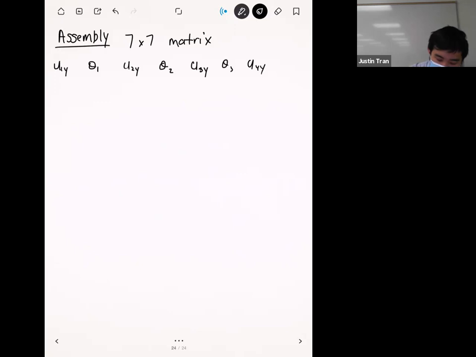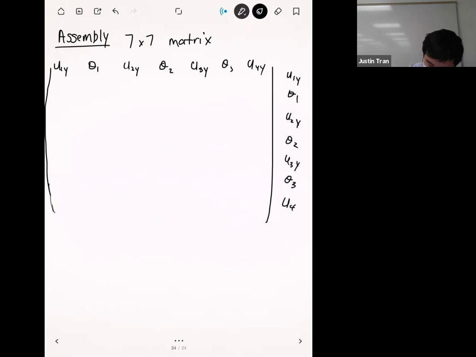There's no theta 4 because node 4 is only attached to the spring, so there's going to be no rotation there at all. Okay. And I know that U4Y is ultimately going to be 0 because it's a fixed support. But I did want to include it in the assembly because I want to show you how I assembled that beam or that spring. Excuse me.